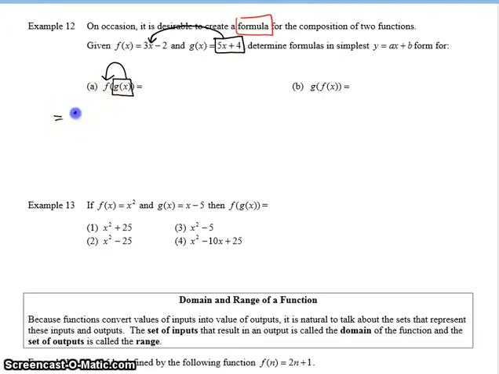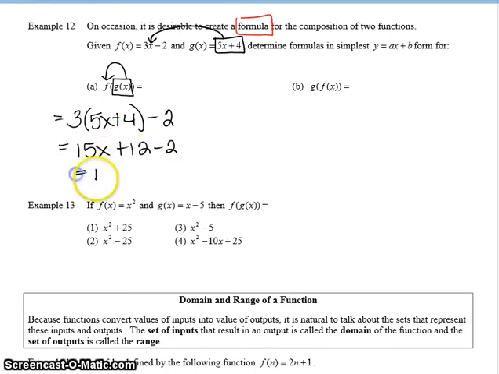So that one becomes 3. Now remember, you don't write x, you're going to write 5x plus 4 minus 2. So now I'm just going to simplify. So I'm going to distribute, and I get 15x plus 12 minus 2. That simplifies to 15x plus 10. So there's my formula for f of g of x.